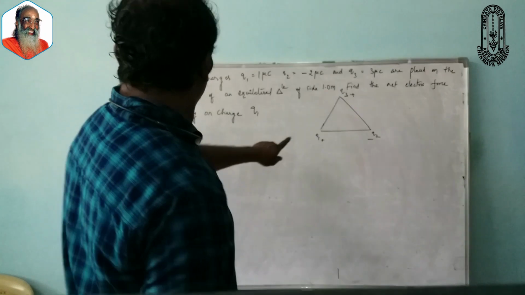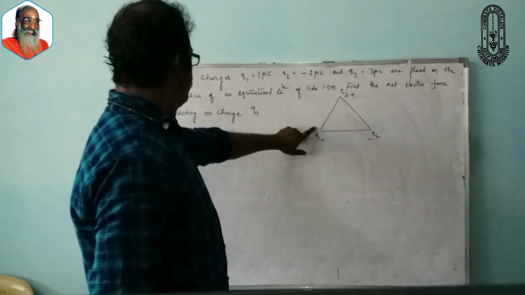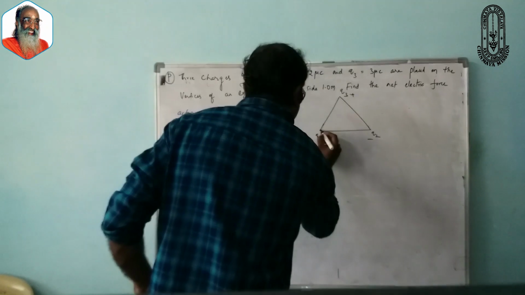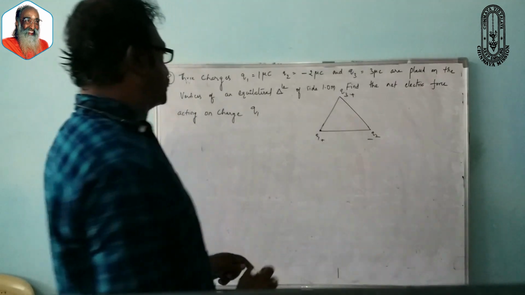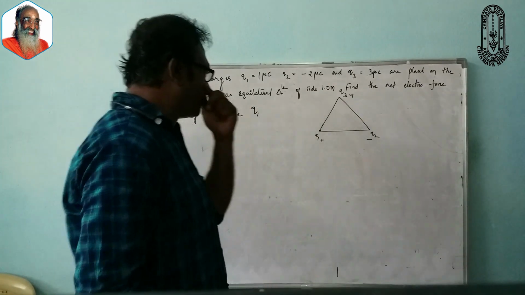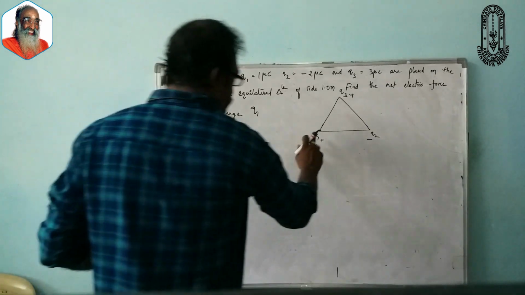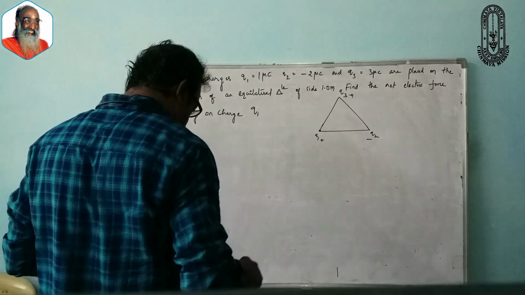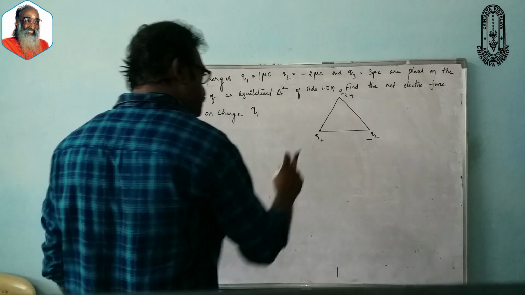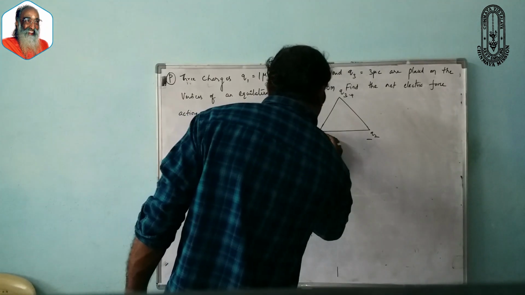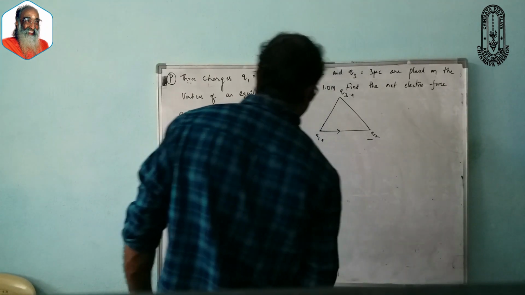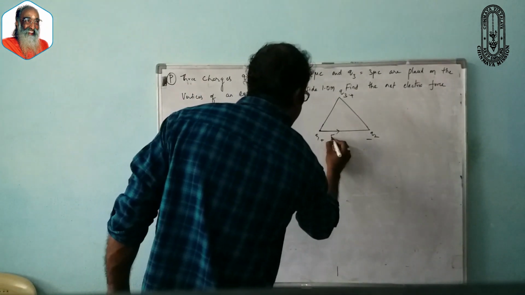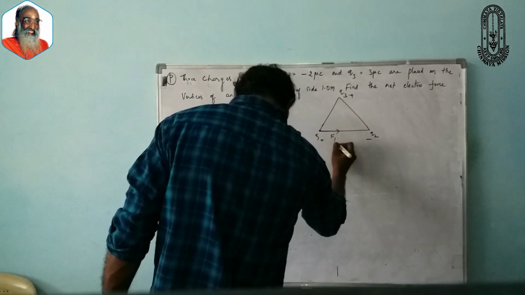So what is the net electric force on this charge Q1? Here, what is the resultant force on this by Q2 and Q3? Between Q1 and Q2, how will the force be acting? Between Q1 and Q2, the force will be in this direction. Let me name this as F1.